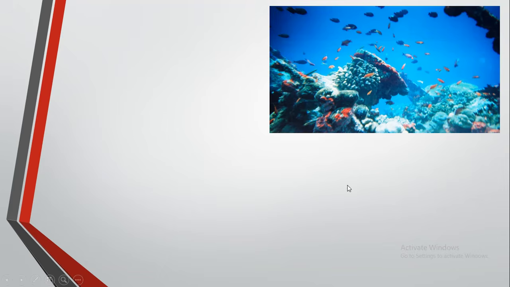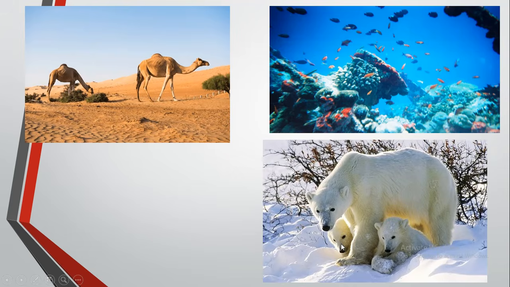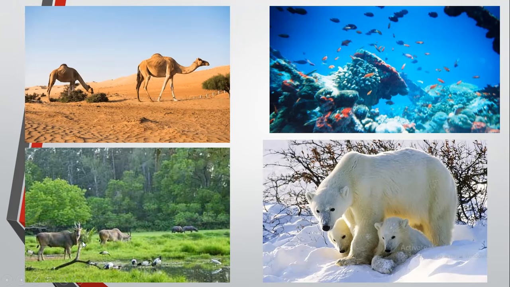Look at this picture for an example. This is a water environment in the sea or in the ocean, desert environment, polar environment or cold region environment, and in this picture, forest environment.